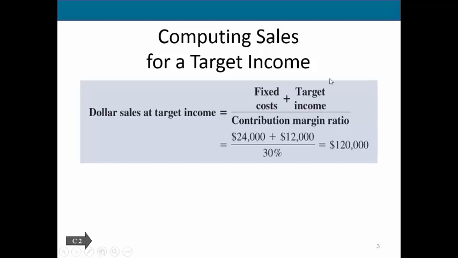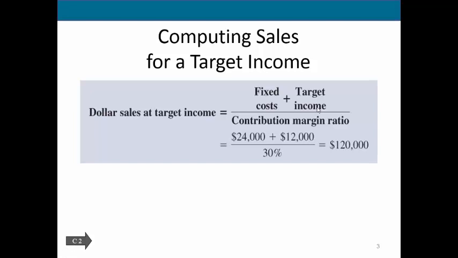So we were simply simplifying things and leaving this part out, and then dividing by our contribution margin ratio. But now that we want to solve for our specific target income, we now need to include this in our formula. So fixed costs plus our target income is now our numerator, and then divide that by either our contribution margin ratio or our contribution margin per unit.